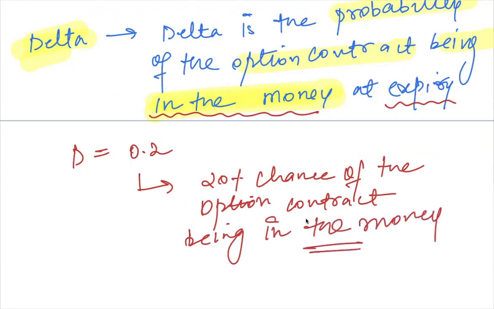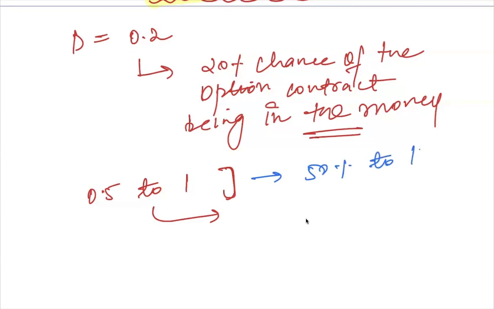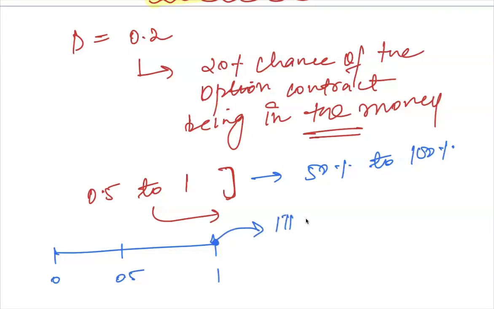So you can always think in this way: when the range of delta is 0.5 to 1, it means the chance of this option contract being in the money is between 50% to 100%. If delta is 1, it means the probability that the option contract will be in the money is 100%.